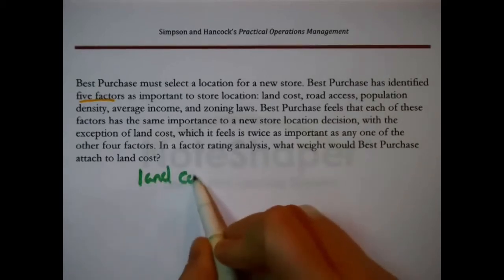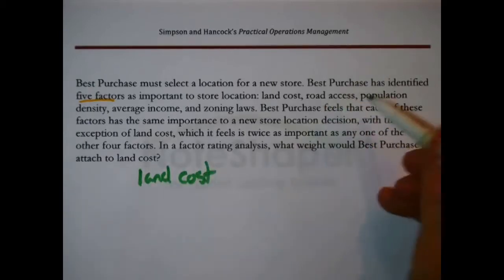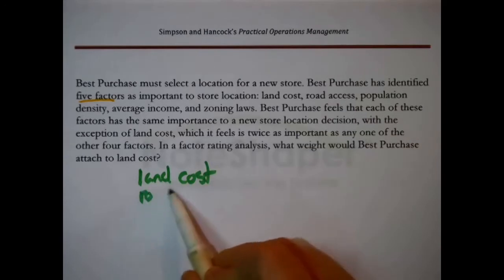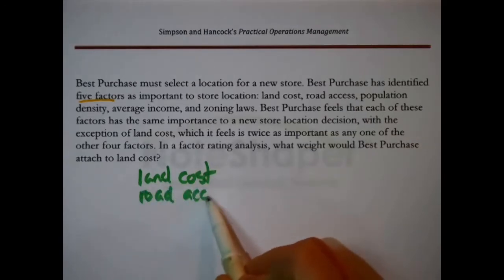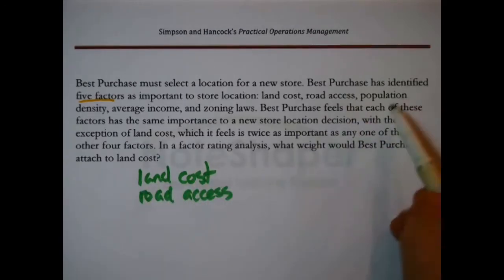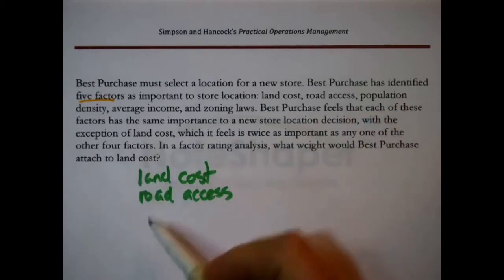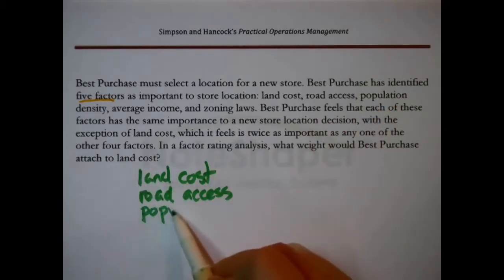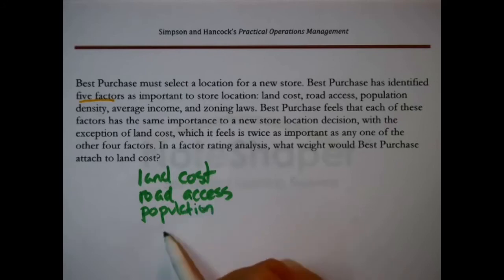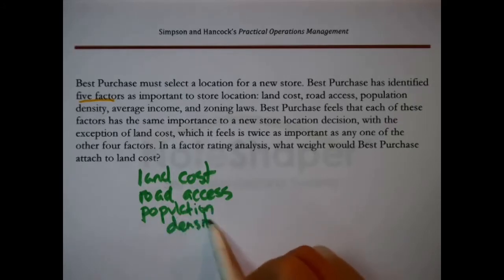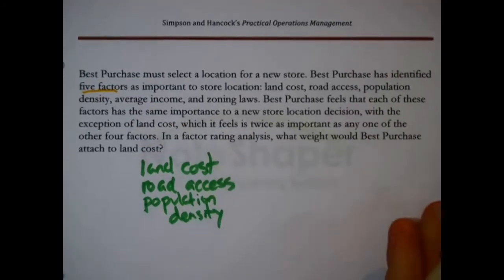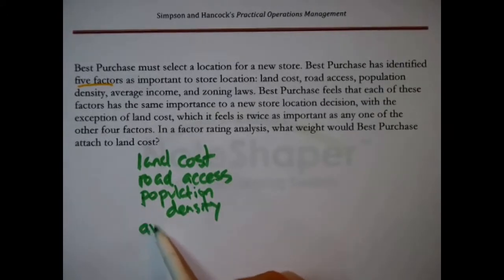Land cost, they say that's a factor in picking a location. Road access, I'm just pulling these out of the paragraph. Population density is important when picking a location. Average income is important when picking a location, and zoning laws.